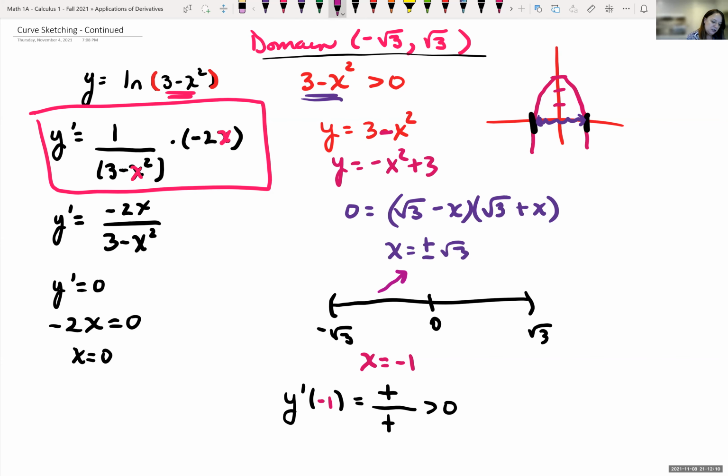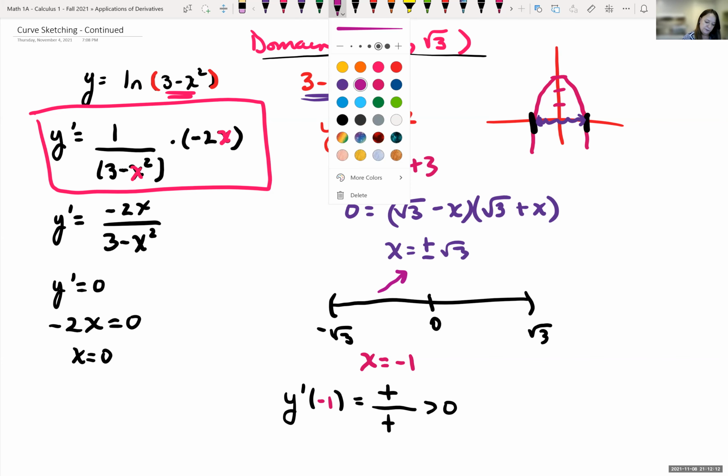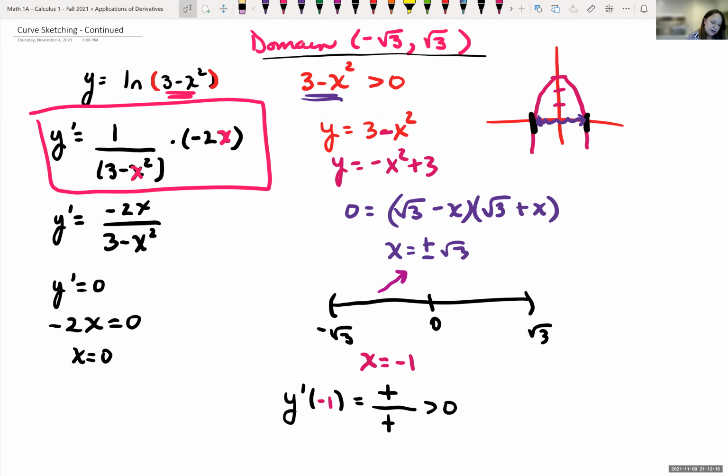And so let's choose a number that is between 0 and √3. So how about x equals 1? So plugging that in, we have y prime of 1. Well, -2 times +1 gives us a negative in the numerator, all over 3 minus 1 squared, that's still 2, that's positive.